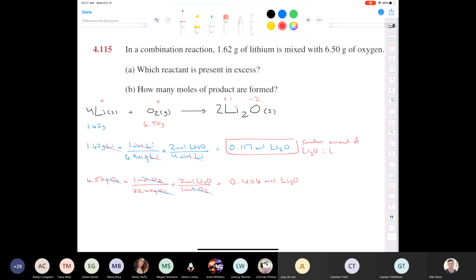Therefore, lithium is the limiting reactant. If the lithium is the limiting reactant, that tells us that O2 is in excess. How many moles of the product are going to be formed? Well, we're going to end up forming 0.117 moles of lithium oxide.